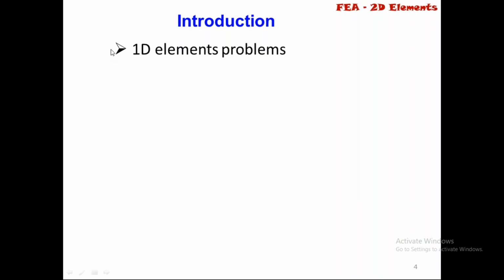So I'm very happy. A 1D element problem is nothing but we use one-dimensional elements in the problem, element having only 2 nodes, one at each end, left and right. Then we can consider only one direction, 1 degree of freedom, and application of force also in one direction. Good.